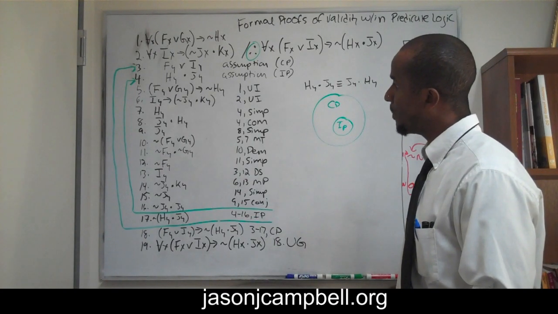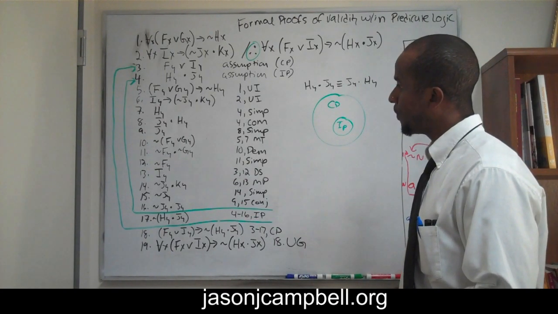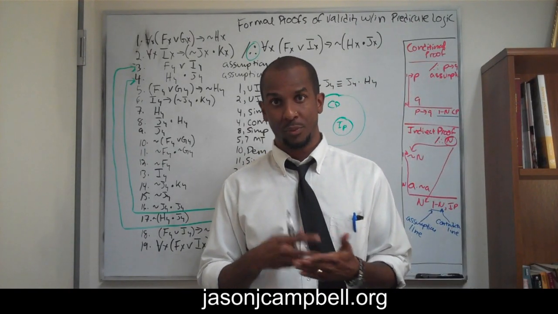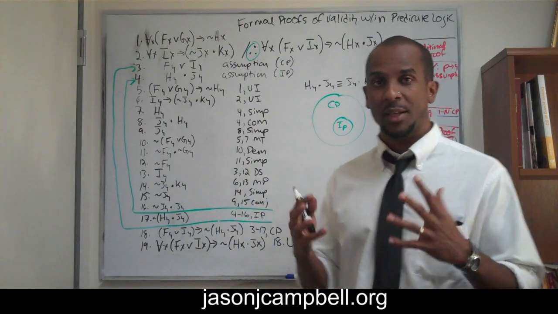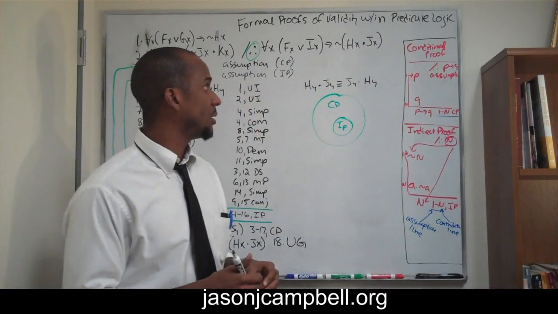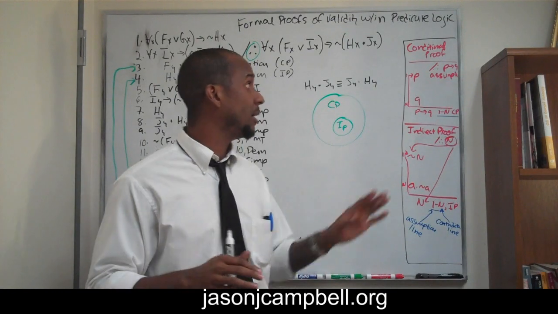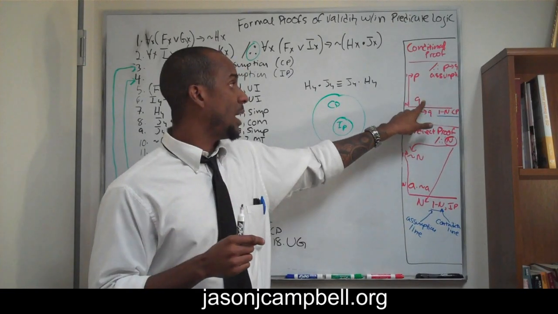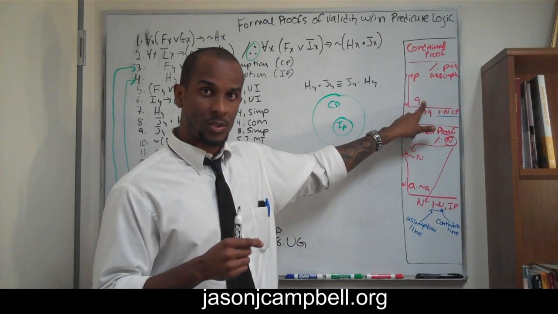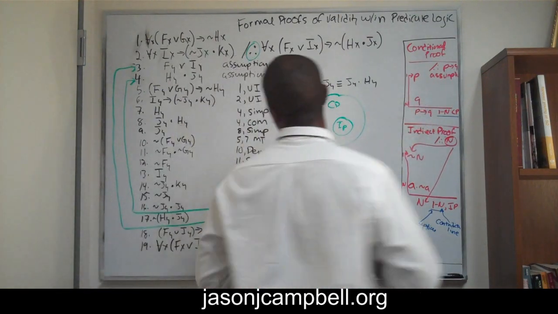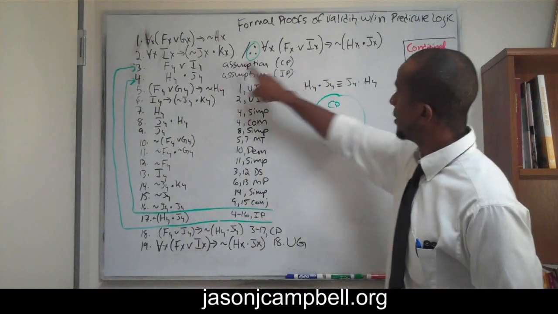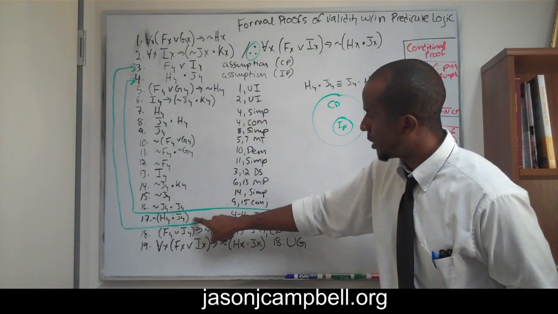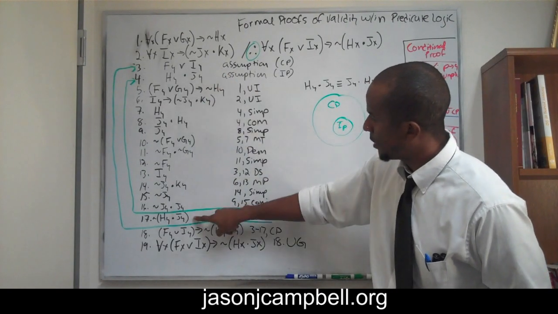Alright, so it's important to recognize that you can use conditional proof with an indirect proof. The most important thing is understanding the theory, to be honest with you. It's not even hard, I won't say it's hard, but it's the most important thing, right? Conditional proof, we assume the antecedent, we try to deduce the consequence, right? You assume the antecedent, deduce the consequence. We're able to deduce the consequence, okay?